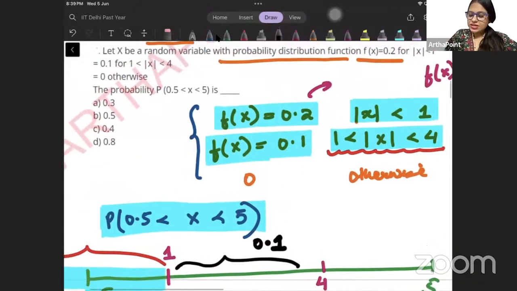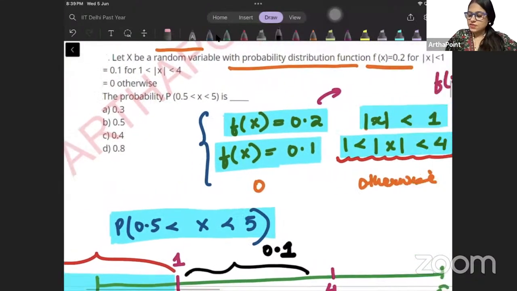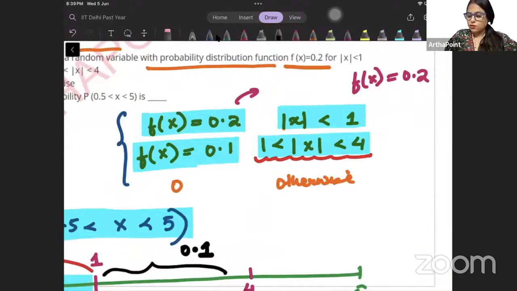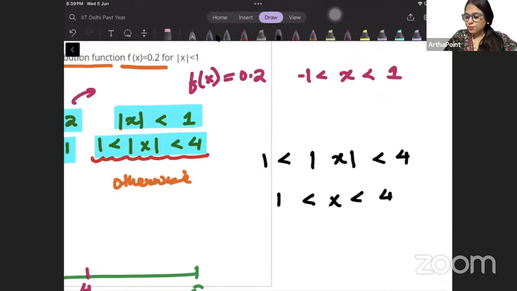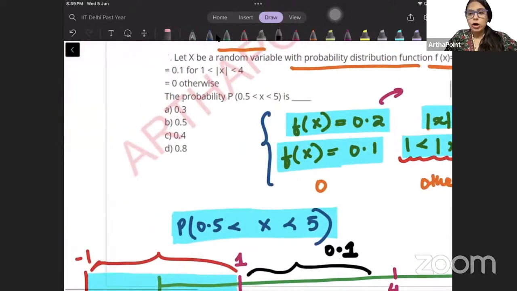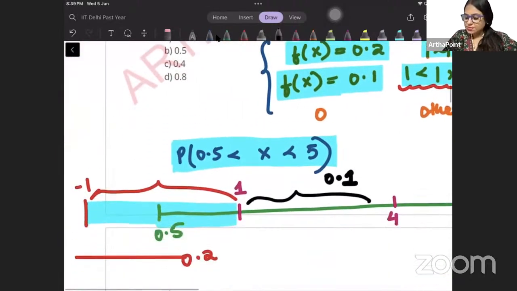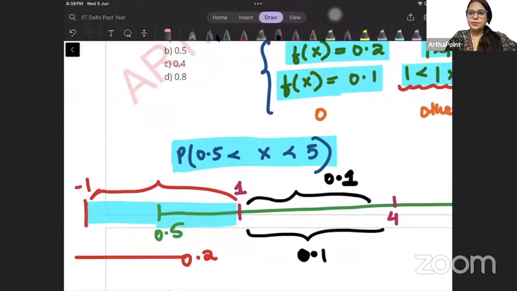So this gives you mod x is between 1 to 4. When I open mod x between 1 to 4, it means that either x is between 1 to 4 or x is between -4 to -1. Because this says mod x, right? So in that space, we understand that this is going to be 0.1.